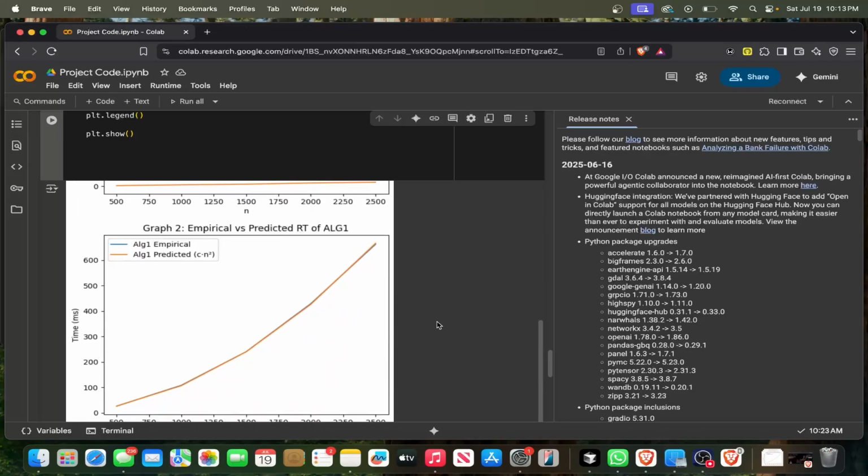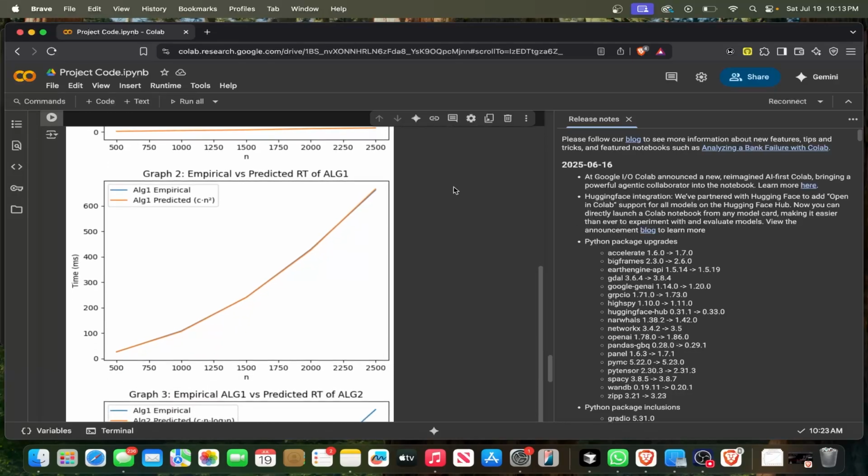On the second graph, the brute force empirical versus the predicted, the n squared model fits closely, confirming that the expected growth rate is valid, validating our constant C1.